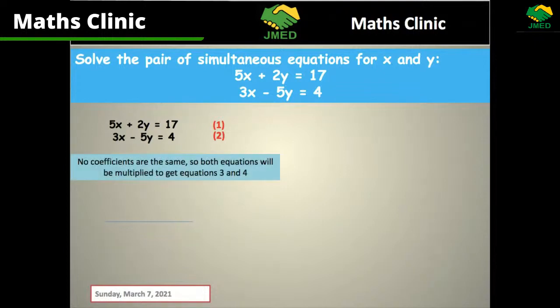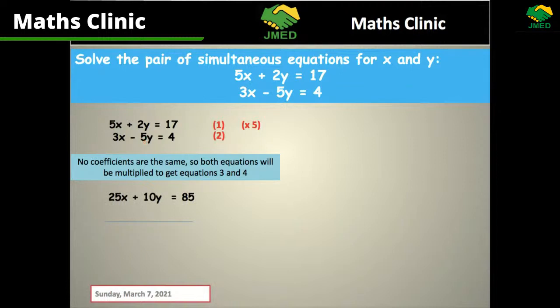And what we're going to have to do, since no coefficients are the same, is multiply the equations. We have to make some choices. So both equations will be multiplied to get equation 3 and equation 4. Now, as I said before, when I do have a choice, I tend to go for the y. So what I'll do is multiply the first equation by 5. And to get a similar setup to the one we just did, I'll multiply the second one by 2.